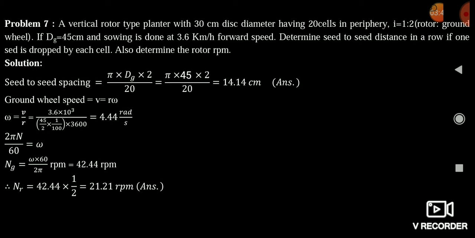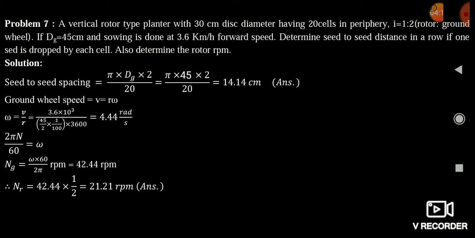Means one time our rotor will rotate, then the length it will cover is equal to its circumferential length, that is pi d. But friends, when the rotor will rotate one time, then the ground wheel will rotate two times, because the speed ratio is 1:2. आपको अच्छे से समझना है, स्पीड रेशियो जो है हमें 1:2 गिवन है.